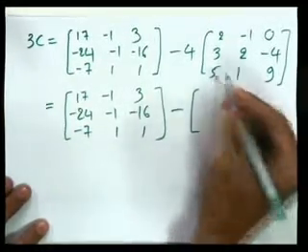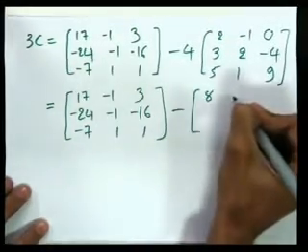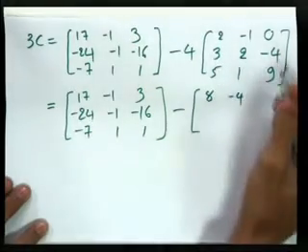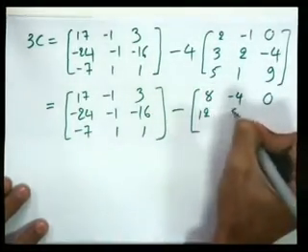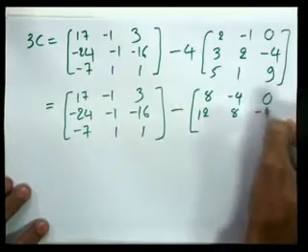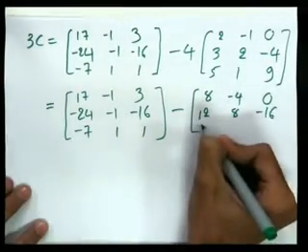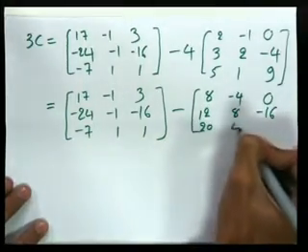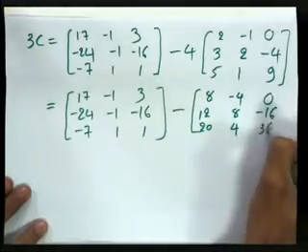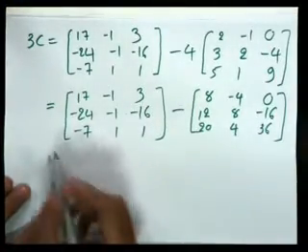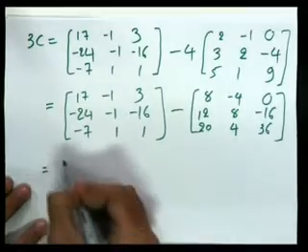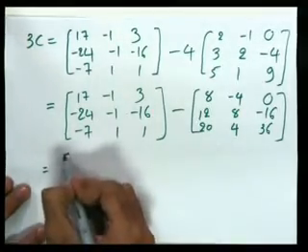So this is 8, 4 into minus 1 is minus 4, 0, 12, 8, minus 4 into 4 is minus 16, 20, 4, and 36. And we subtract these two matrices by subtracting the corresponding elements.